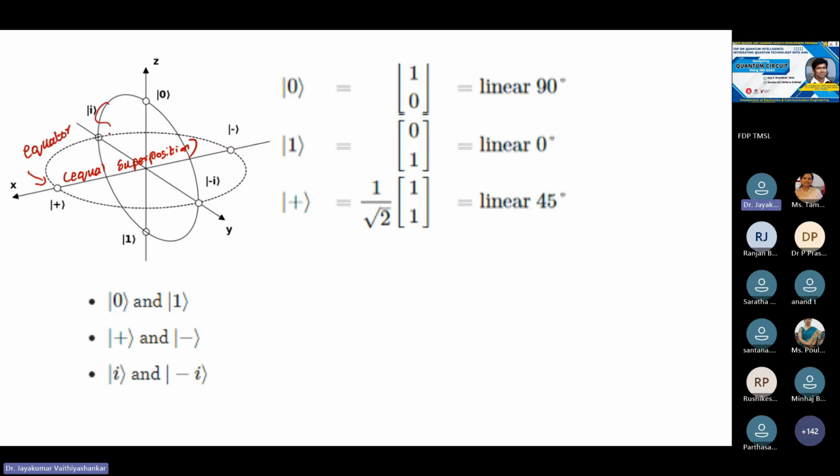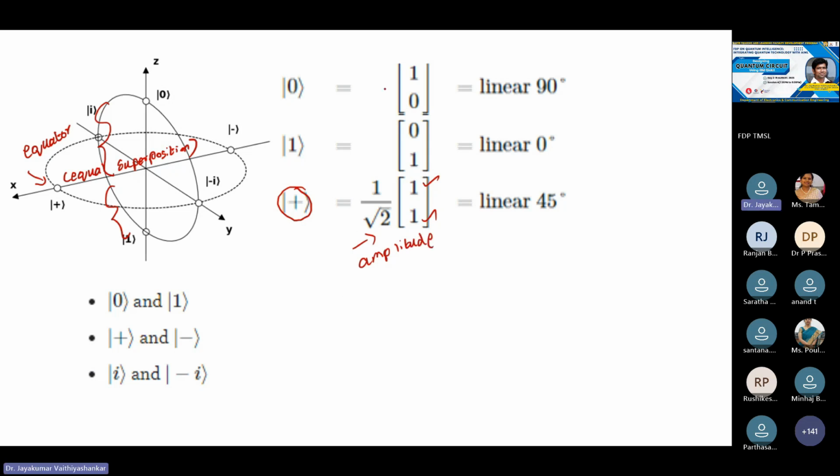Both components are existing. That is why the upper component is also 1 and the lower component is also 1 to represent the location of the positive state. And this is the amplitude of this signal.